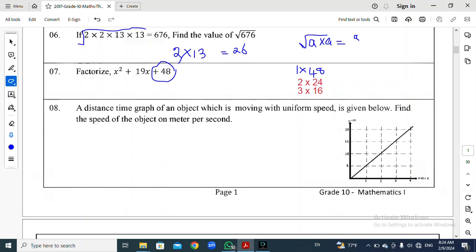So here we can say x, here all are plus. For both factorizations we can take x plus.